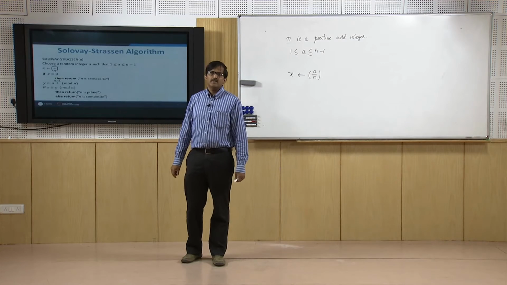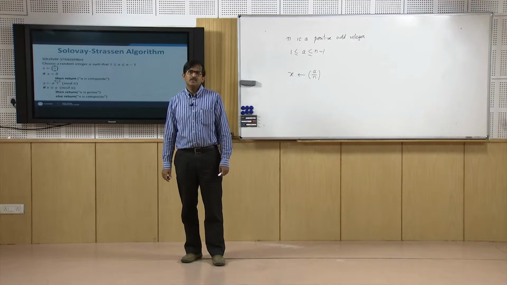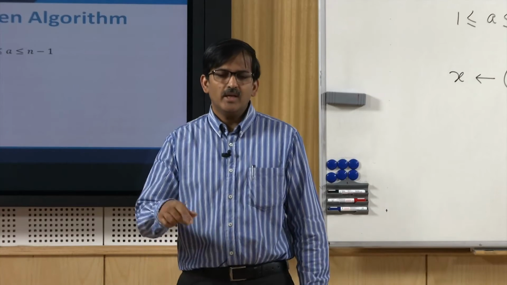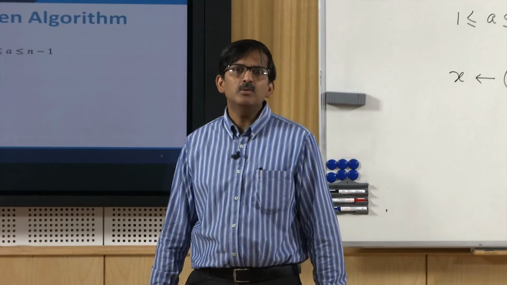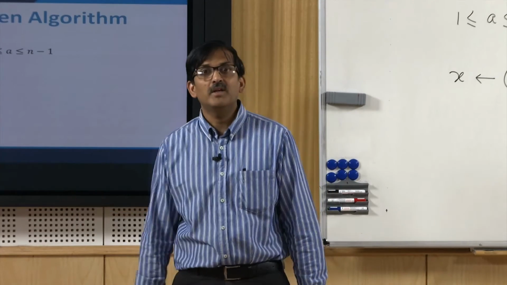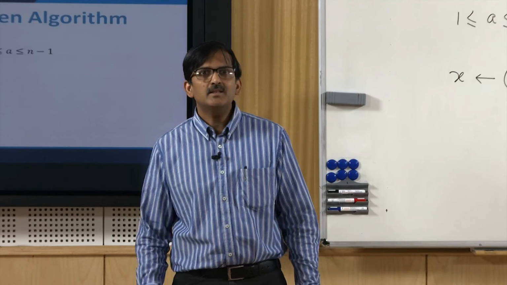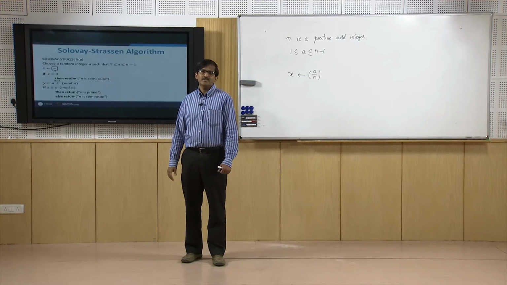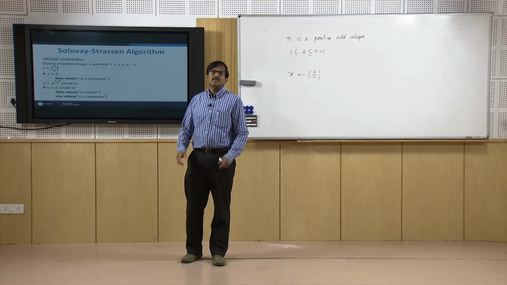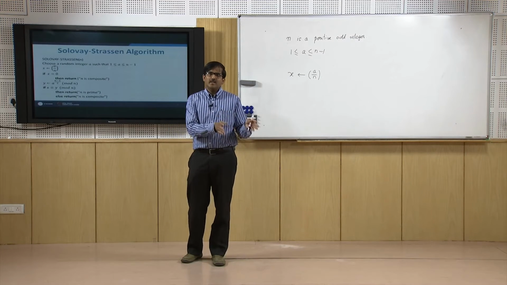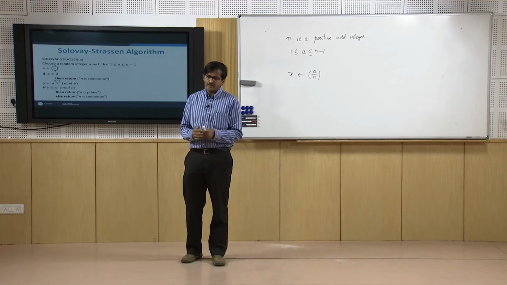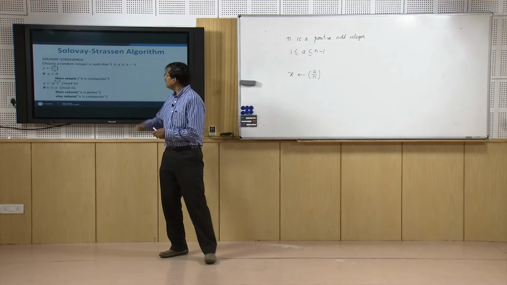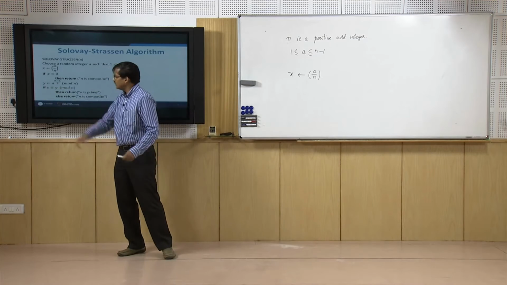And how to do that is again a question, that how are we going to do a raised to the power n minus 1 by 2 modulo n if n is very large, and that is something that we have done in one of our previous lectures, that is we can use square and multiply algorithm. We can do that square and multiply algorithm and do that. So, if we do that, then we get a value of y.